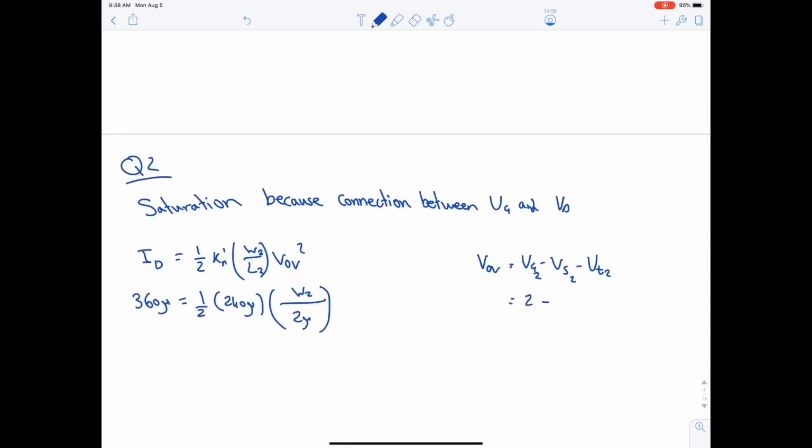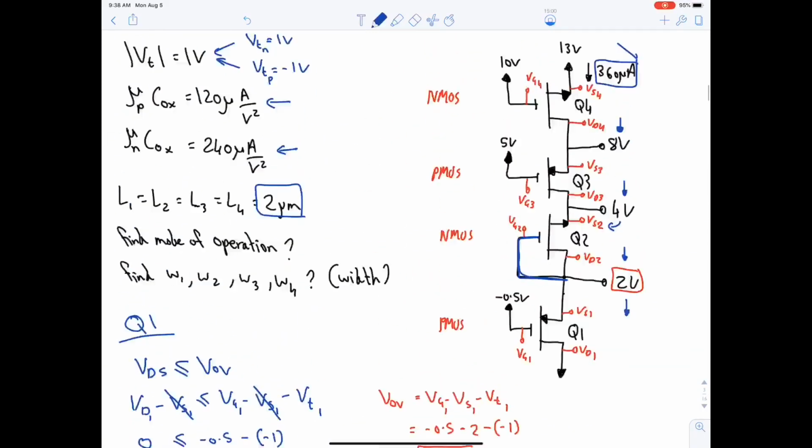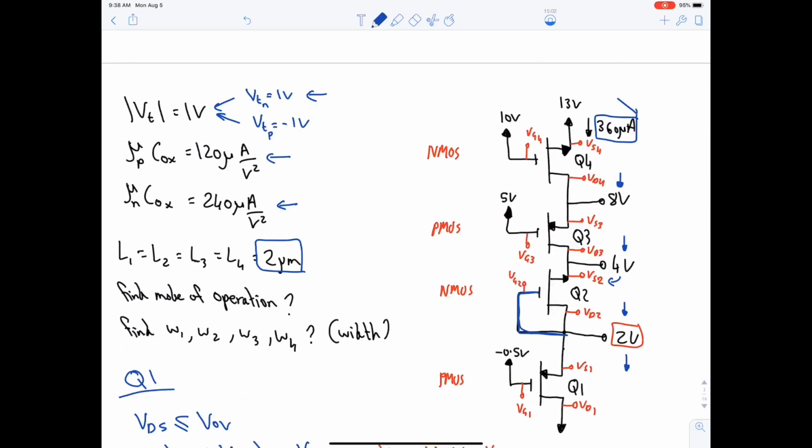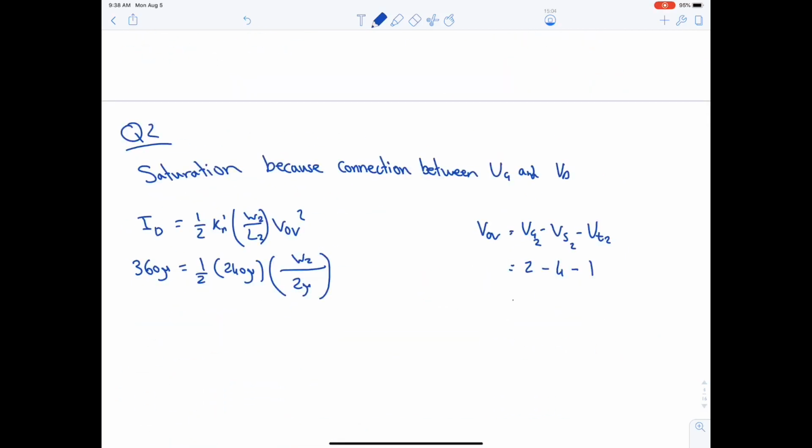And VT2, we're talking NMOS, so it should be 1. So 2 minus 4 minus 1 is minus 3 volt. Minus 3 squared. W2 is equal to 0.67 micrometer. Okay, we're done with Q2.